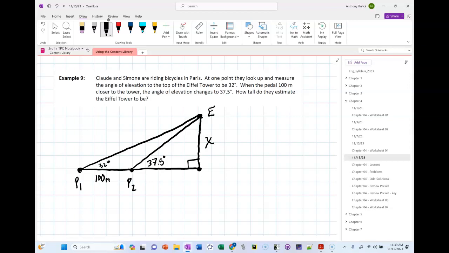Because it doesn't seem like we have enough information, right? Is there any right triangle where we know one angle and two sides? There's not.